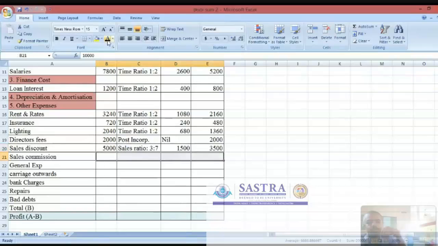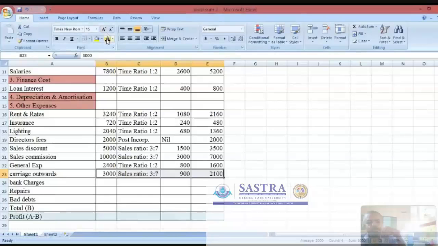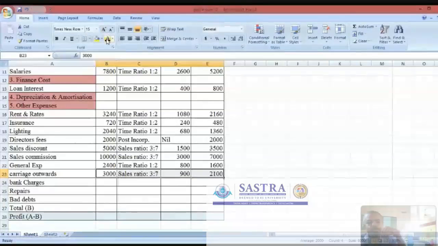Sales commission is 3700. General expenses follow the time ratio and will be distributed as 800 and 1600 out of 2400. Carriage outwards, as I said, is a distribution expense related to sales, so it follows the sales ratio: 3000 becomes 900 and 2100.